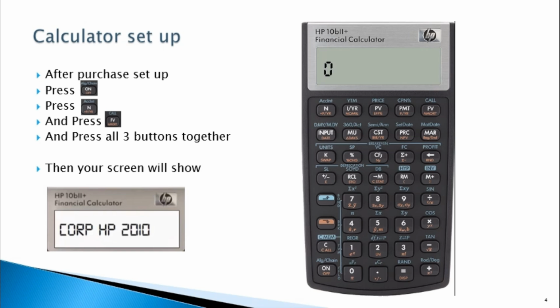So press ON, N, and FV at the same time. It's very difficult for me to do that on the screen. They have to be done with one hand with all three of them together. And once you do that, you'll see on the screen CORP HP 2010. And that means your calculator is set, ready to start.